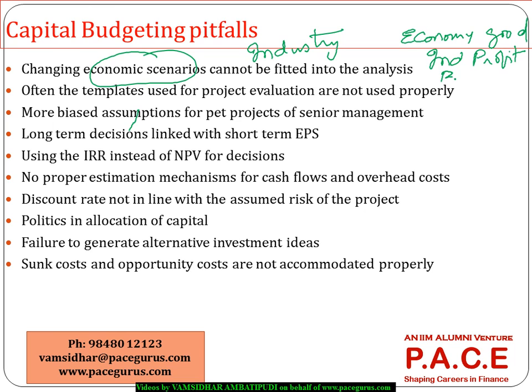And let's say barriers to entry are much lesser. So there is a lot of competition that comes into that industry, and because of that, the profitabilities will automatically come down. That kind of economic scenarios are typically not considered as a part of the capital budgeting mechanism.